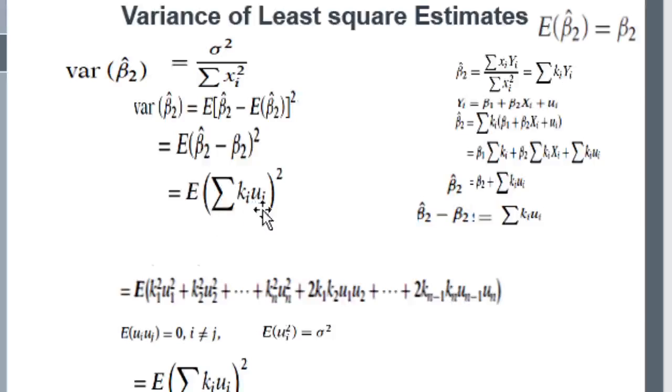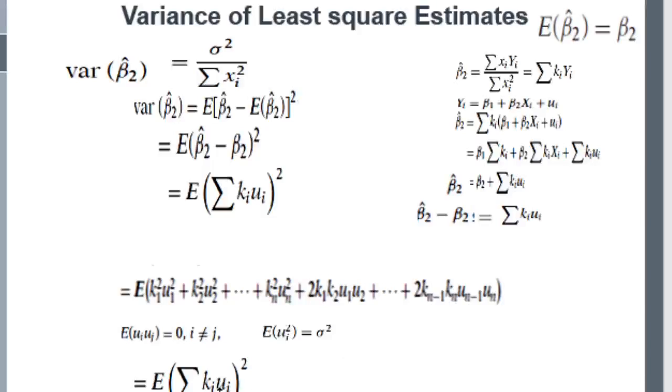Then apply this formula here. We will get expected value of sigma ki ui, square. Then expand, apply these properties of ui uj, these terms will be removed, and the remaining portion is ki square ui square. Then distribute the expected value, that is we get sigma ki square into the expected value of ui square. Here expected value of ui square equals sigma square.